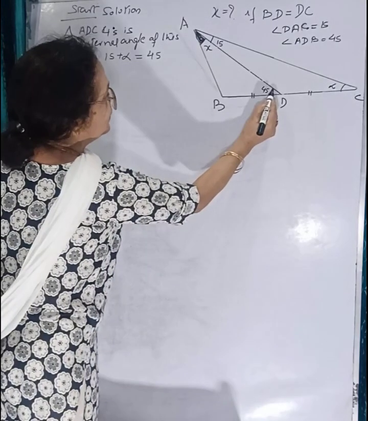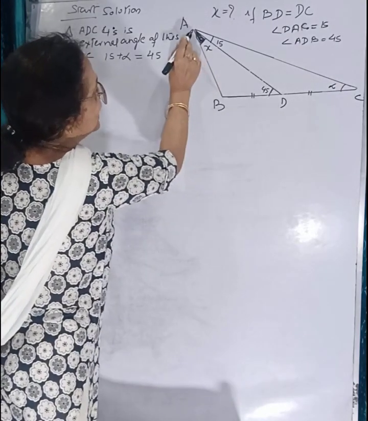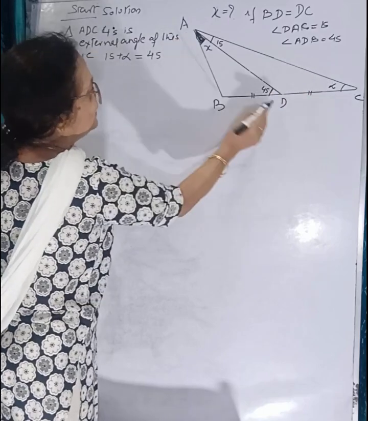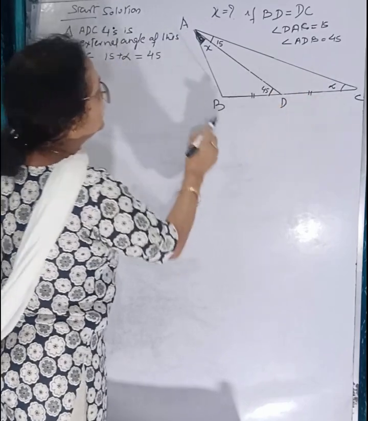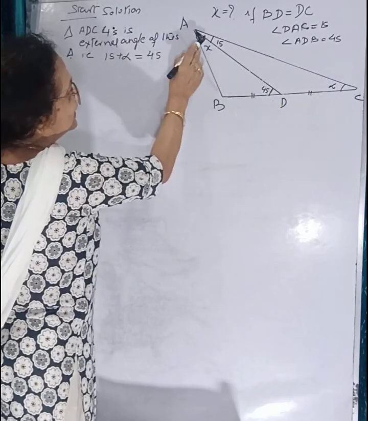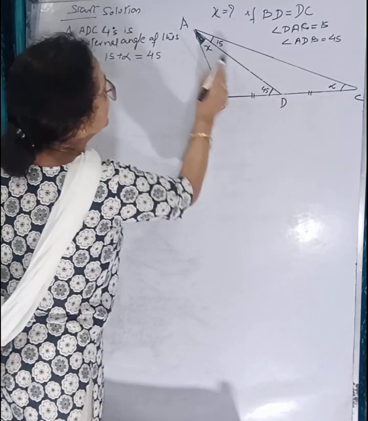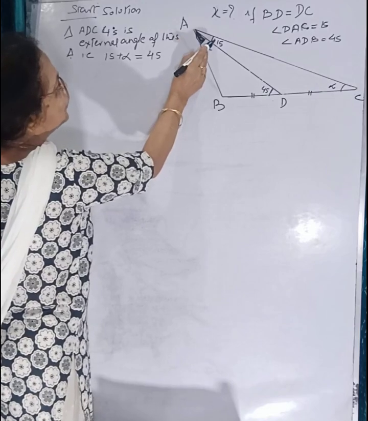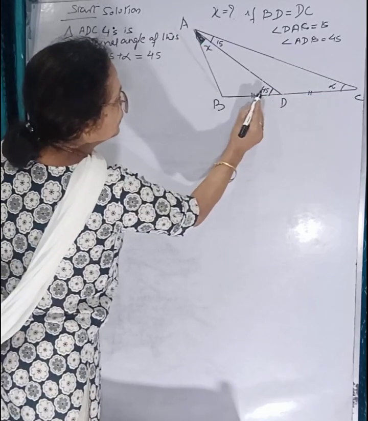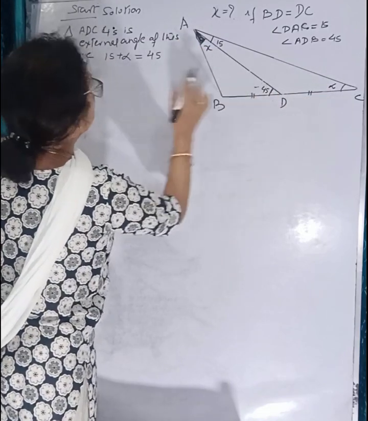This angle will be the external angle for the triangle ADC. ADC angle के लिए ये वाला angle external हो गया इस triangle के लिए. For this triangle, it is an external angle, so that the addition of these two angles will be equal to 45. ये equation हमें यहाँ लिखी.